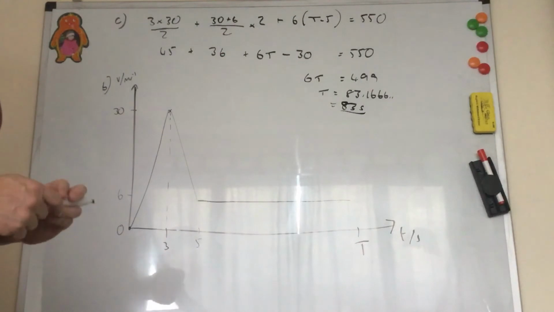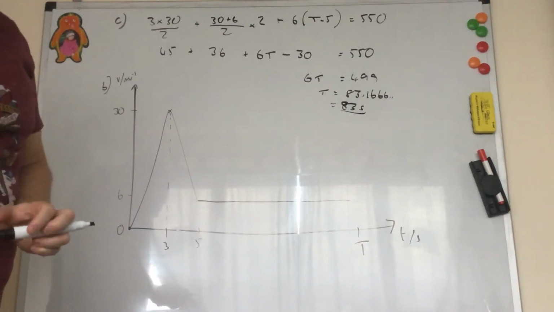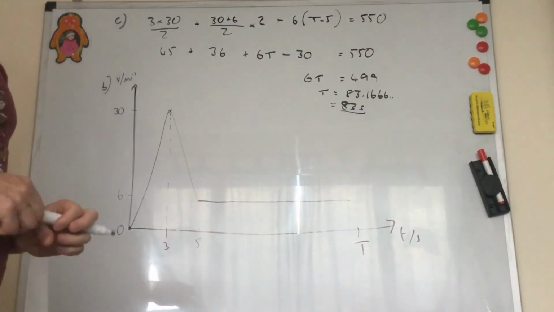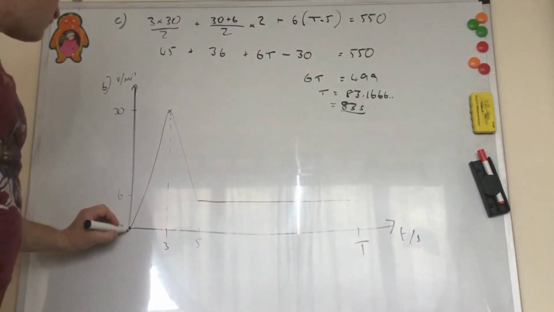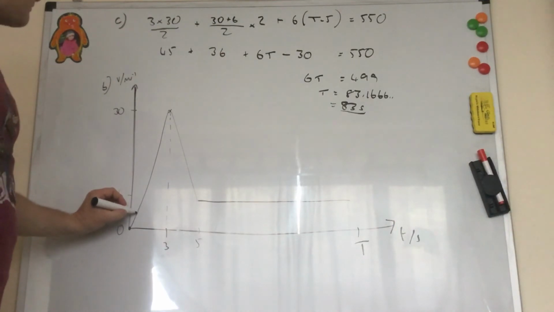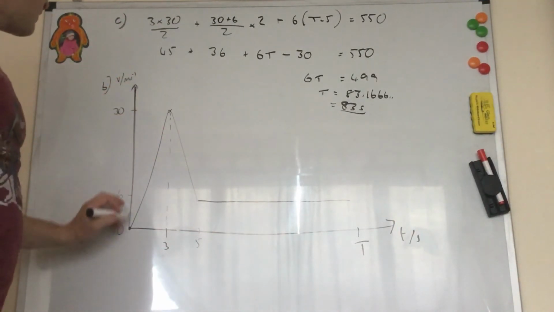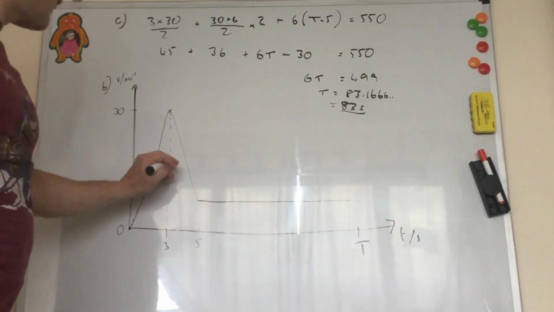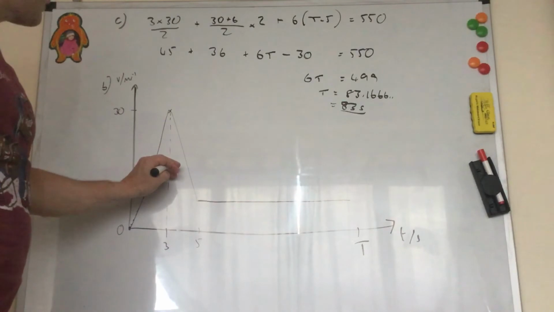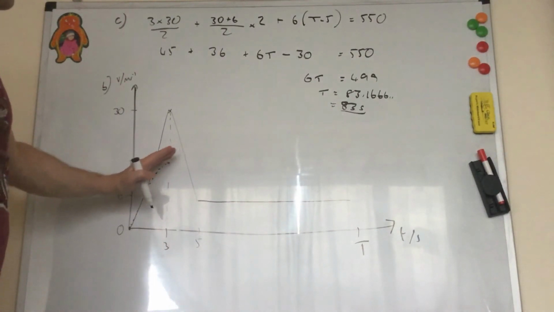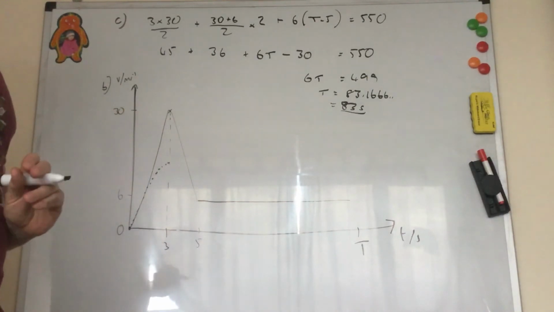Part D says that we're now taking air resistance into account. Basically she'll start off with the acceleration of 10 metres per second squared. But as she goes faster, air resistance gets bigger, so we get more slowing down and less of a gradient before she opens the parachute. So this bit will be lower, her top speed will be lower.